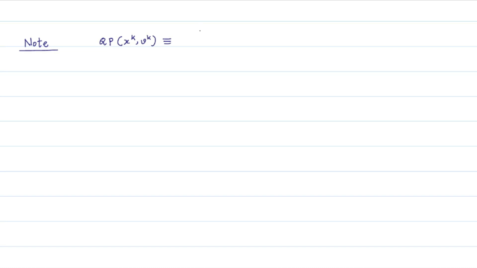can be written as simply an unconstrained minimization problem, where the objective function of this unconstrained optimization problem is L(xk) plus gradient of L at xk transpose d plus half d transpose the Hessian of L at the point xk times d.